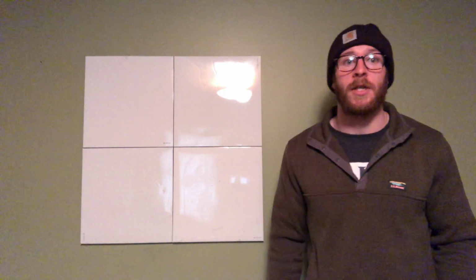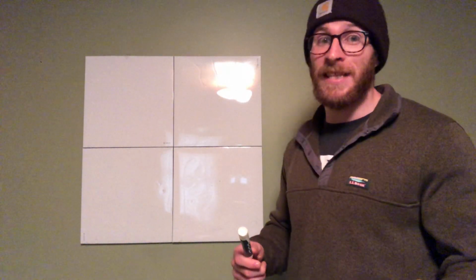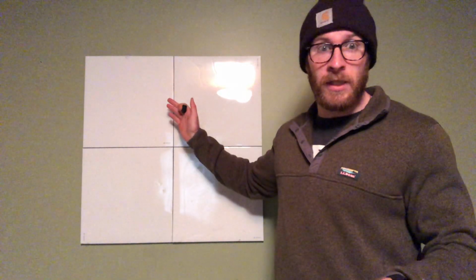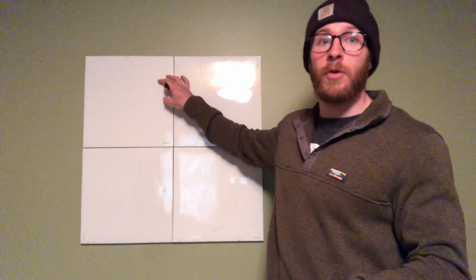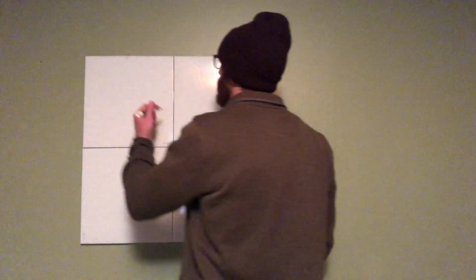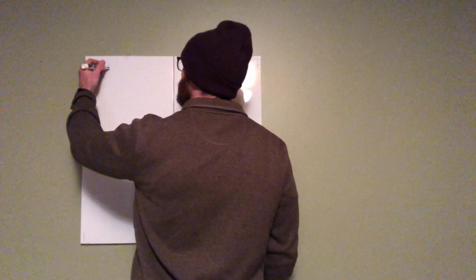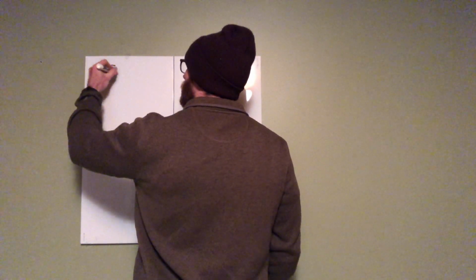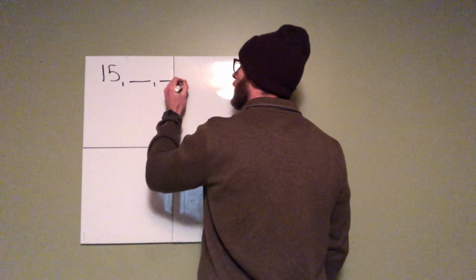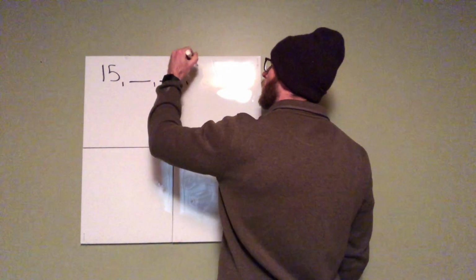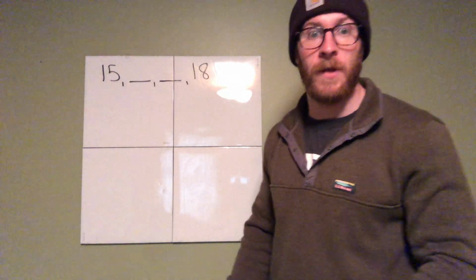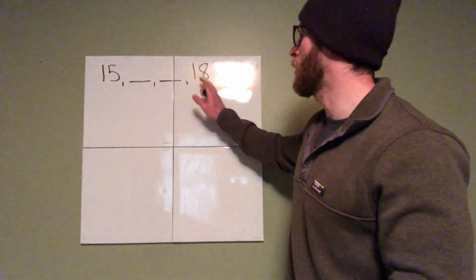The first type of question, and we've seen these before, is going to have a list of numbers in order with some blank spaces, and you're going to have to pick which numbers go in those blank spaces. I'll show you an example. It might go 15, then a blank, then another blank, and then 18.